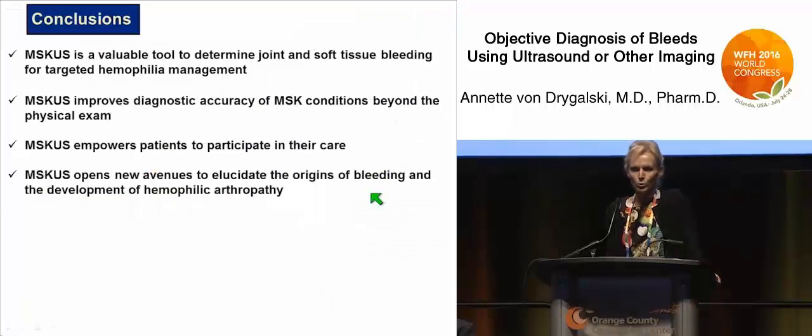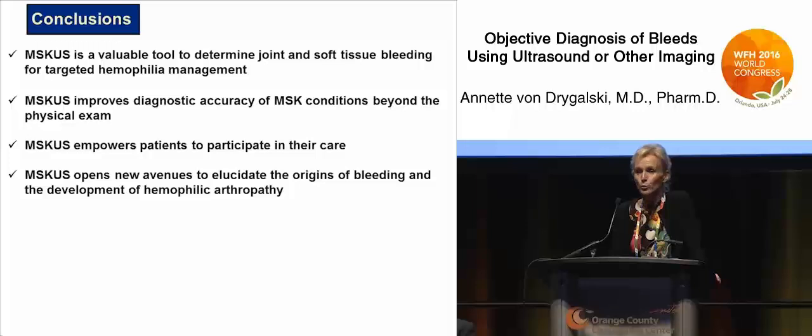So in conclusion, MOSCAS is a valuable tool to determine joint and soft tissue bleeding for targeted hemophilia management. MOSCAS improves our diagnostic accuracy for musculoskeletal conditions beyond the physical exam, and we should use it like so many other musculoskeletal disciplines.